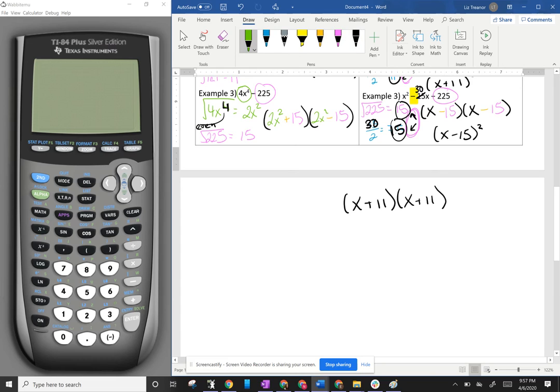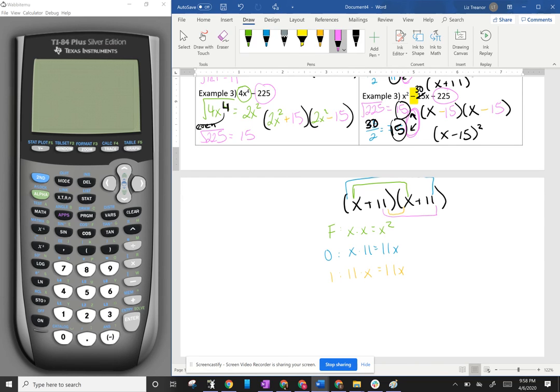So let's check it out. In FOIL, we got F, which is the first. X times x is x squared. We got O, which is the outside. So we got x times 11, which is 11x. We got the inside for I, which is 11 times x, which is 11x.